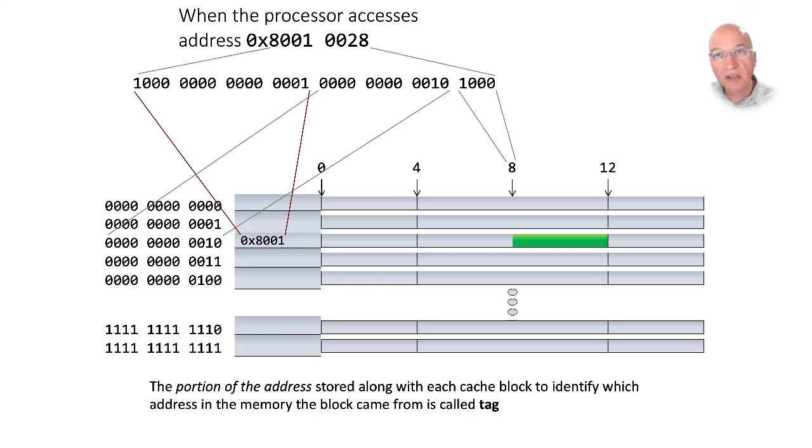But I don't need to store the entire memory address. I only need to store the bits that I did not use for the offset or for the index. So my tag in this case for this access will be the 0x8001. So this is what I call the tag, and what I have to the right are the blocks.